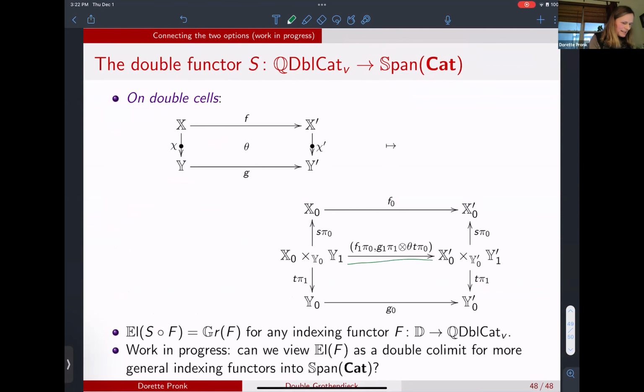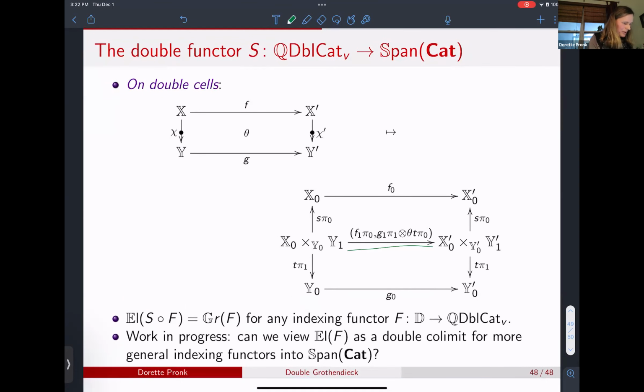It's basically the only thing that can fit there, and then it works. And so that means now that any indexing functor in the second part of my talk generates an indexing functor in the first part of the talk. And the Grothendieck construction actually is the same.